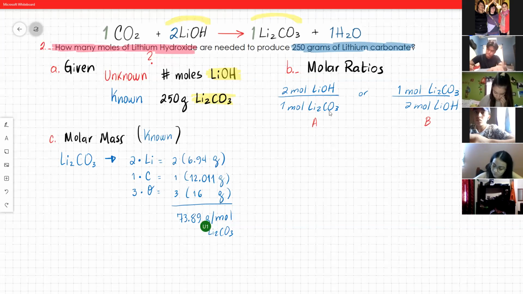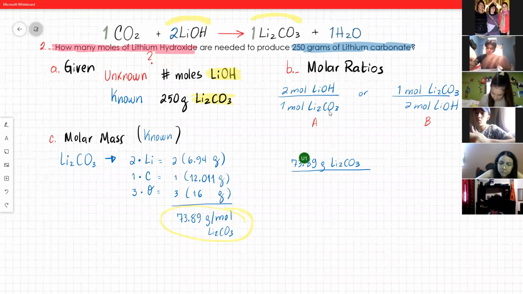Now remember that you can write this as a fraction or like a ratio. So that's what I'm going to do. I will write it as a ratio. I can put the grams on the top: 73.89 grams of liquid that are in 1 mole of the same substance.